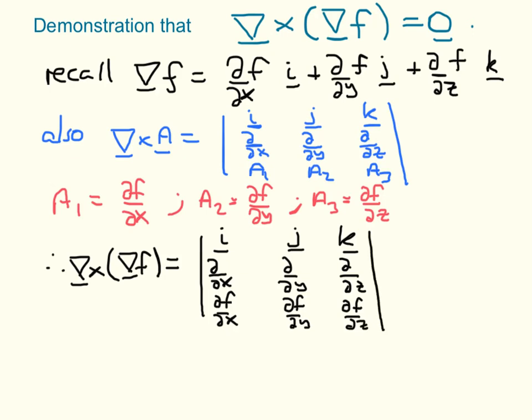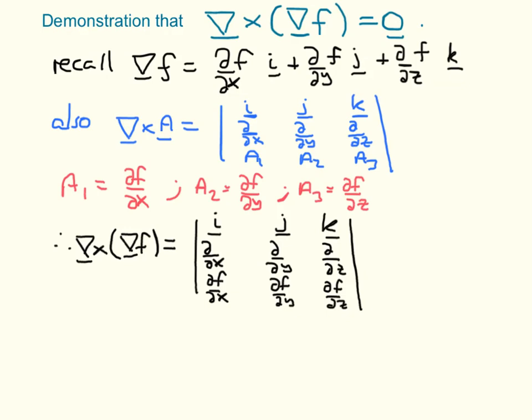And I'm going to pause here and make a little bit more room so that we can see explicitly how this works. And what we obtain is, in the i direction, i times, so now this derivative acts upon this, and then we subtract this derivative acting upon this.